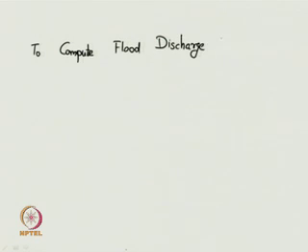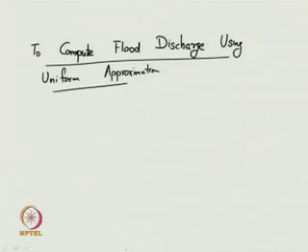Today we will see how to compute flood discharge using uniform flow approximation. So, let us just go back before going into the concept of what is meant by flood discharge.